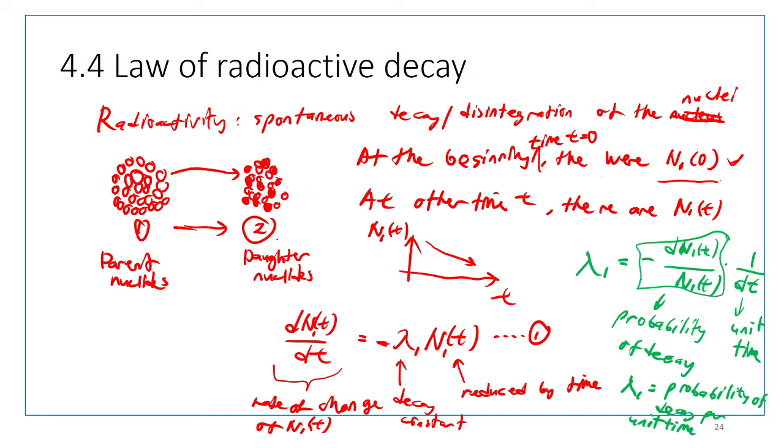What I'm trying to say here is that it is not always the case that one decays into two, and two is the stable nuclide.